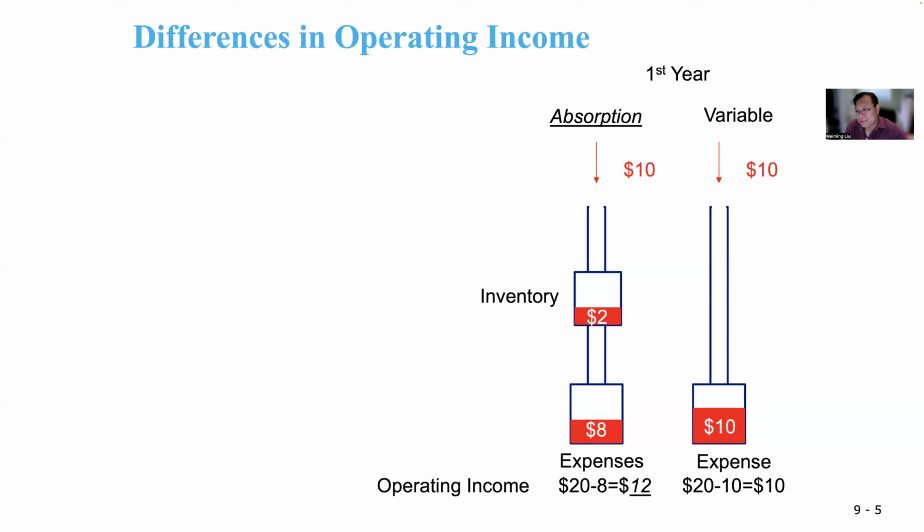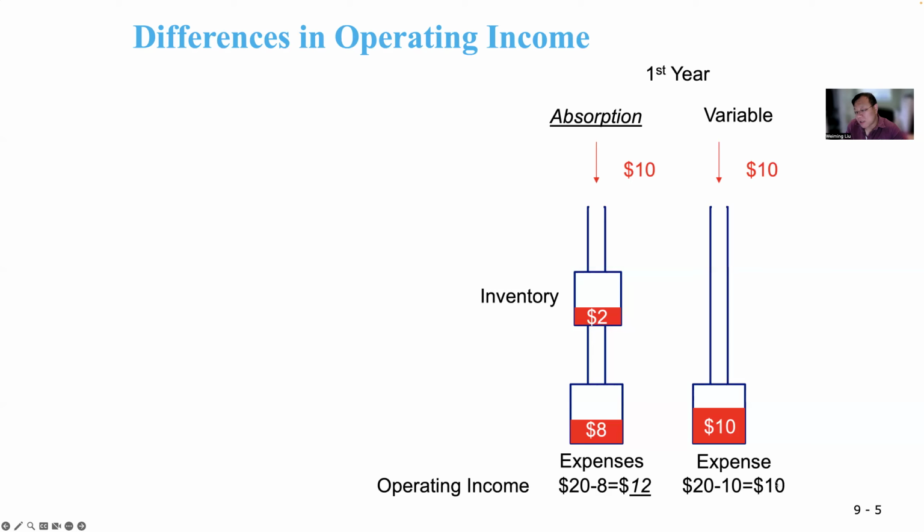So this is the first year, okay? If you use variable costing, this $10 fixed manufacturing overhead cost would be a fixed cost. It will be period cost, so that reaches the income statement right away. Okay, so then my revenue is $20 minus my fixed cost $10. So my operating income is $10.